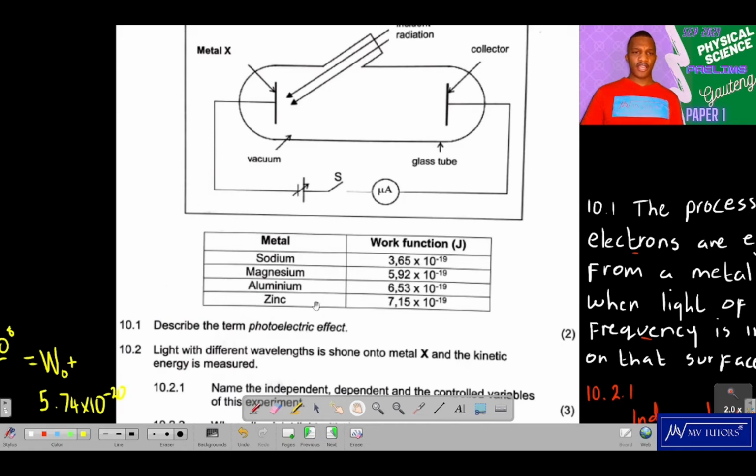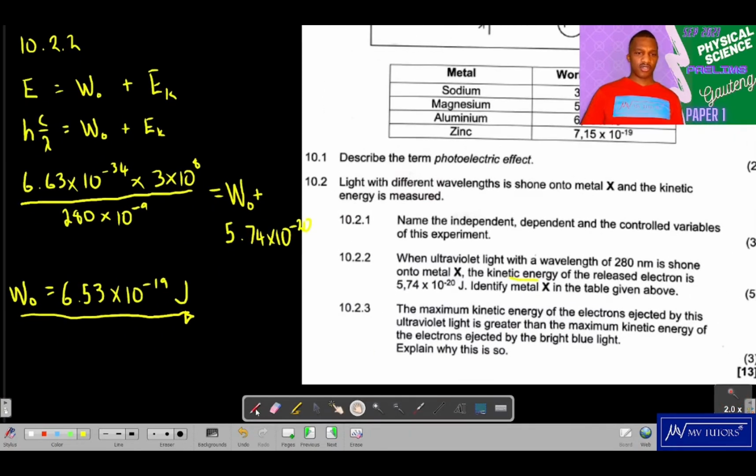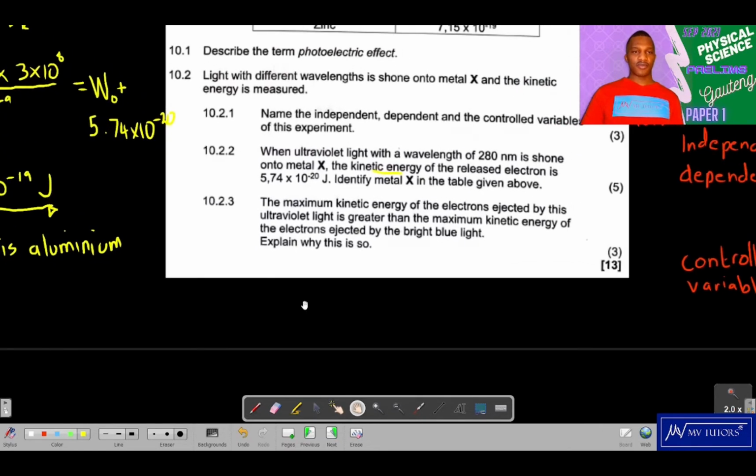No, there it is. So our metal is aluminium, which is gonna say, therefore, metal X is aluminium. Okay, so that's our final answer. Cool. Now we can go to the next question.